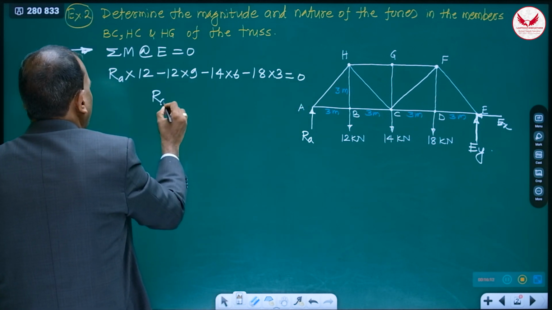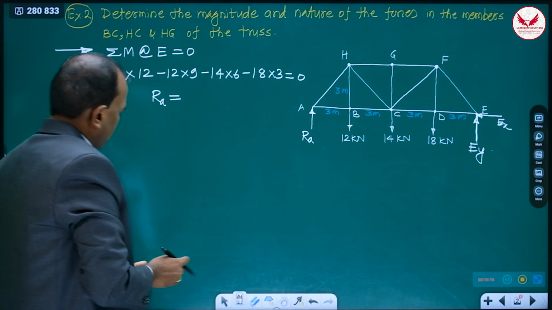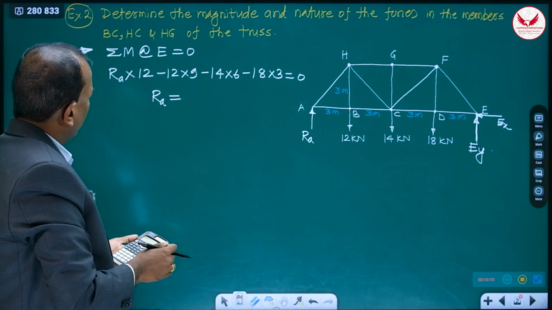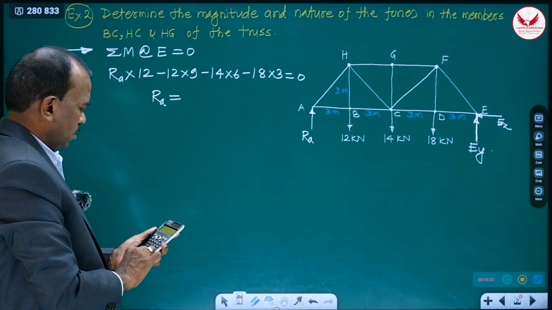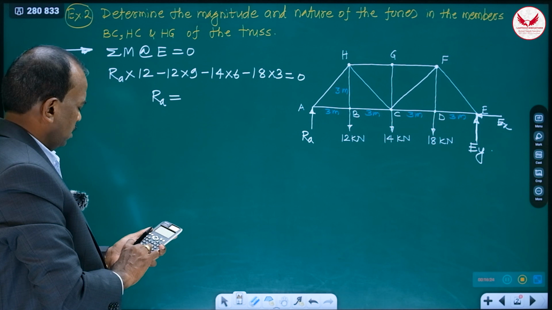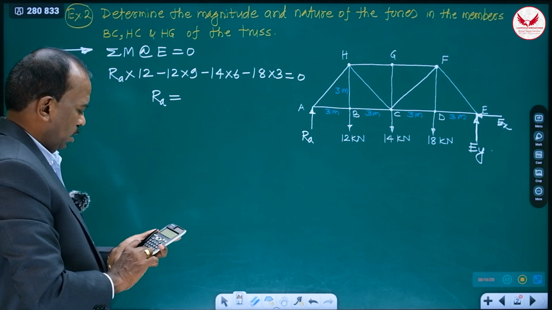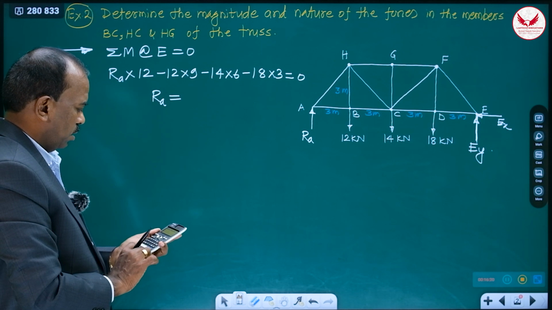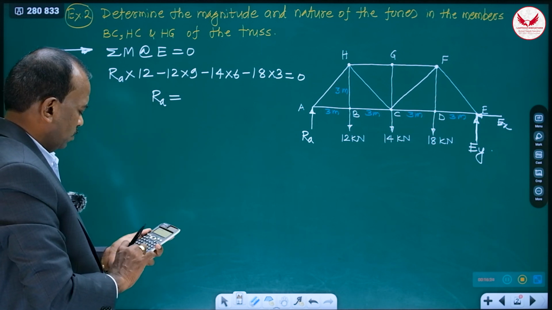From this, we'll get RA. Making these calculations very fast, RA is 12 into 9 plus 14 into 6 plus 18 into 3, whatever the answer is, divided by 12.